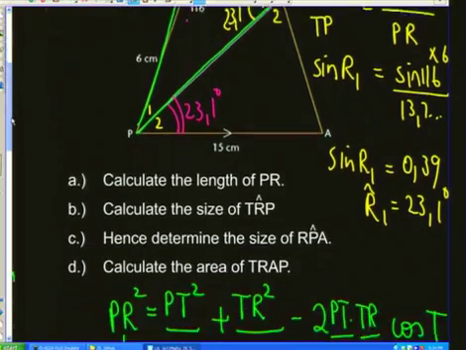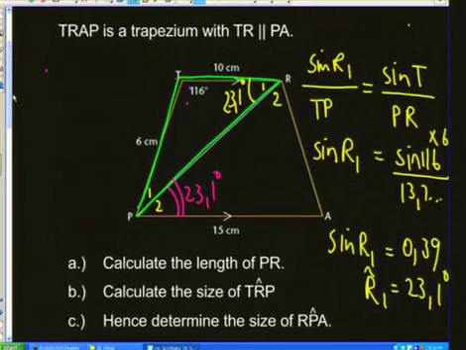And finally, the area of that whole trapezium, well, we've got the green triangle and we've got this pink triangle, and we would work out the area of the green, side angle side, and then we would work the pink one side angle side, because the area rule we can only use with the side angle side.